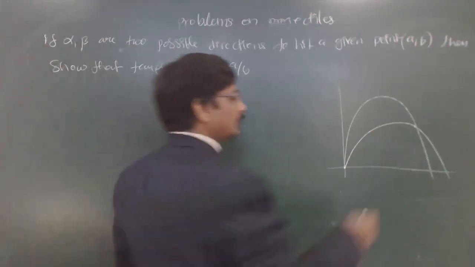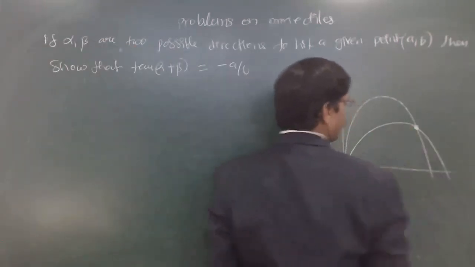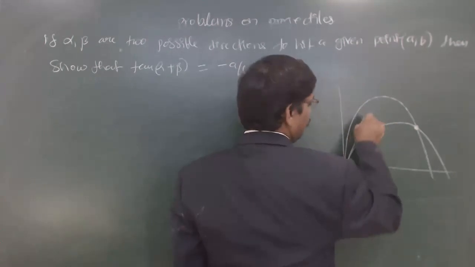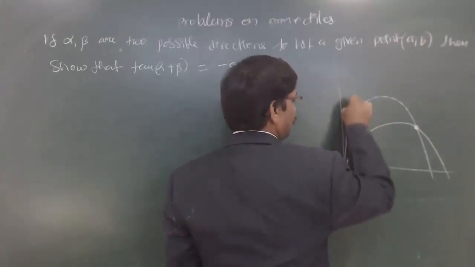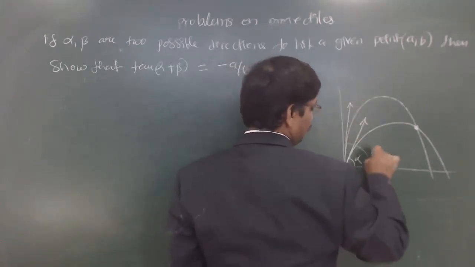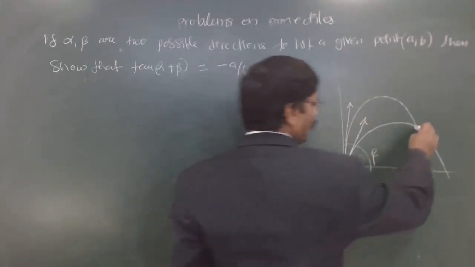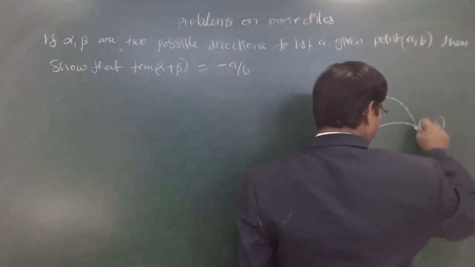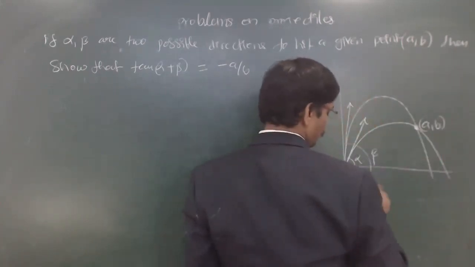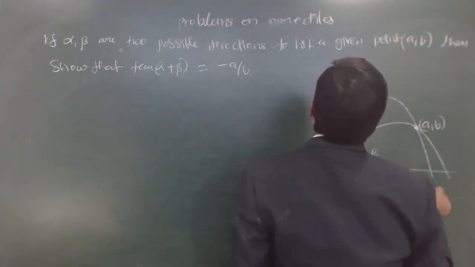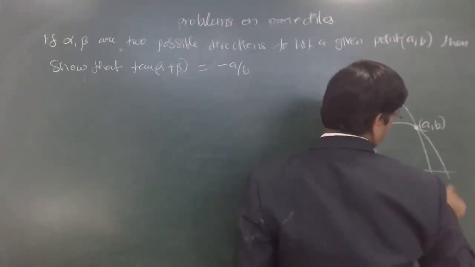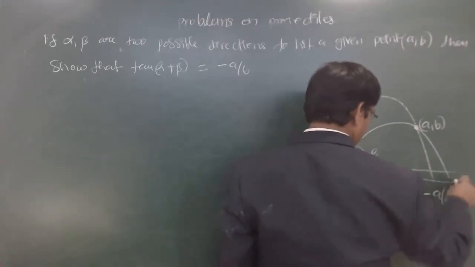In one case I have projected with an angle of alpha, and in another case I have projected with an angle of beta. Now if the coordinates of this point is A comma B, then we have to prove that tan of alpha plus beta should be equal to minus of A by B. So this is what he asked us.